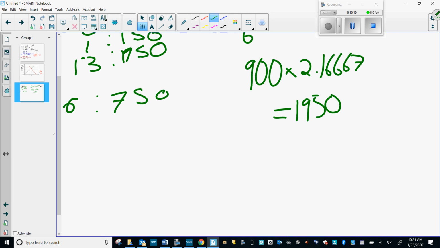So let's get for 1 person: 6 divided by 6 is 1, and 750 divided by 6 is 125. To get to 1,250, you multiply by 10, so 1 times 10.